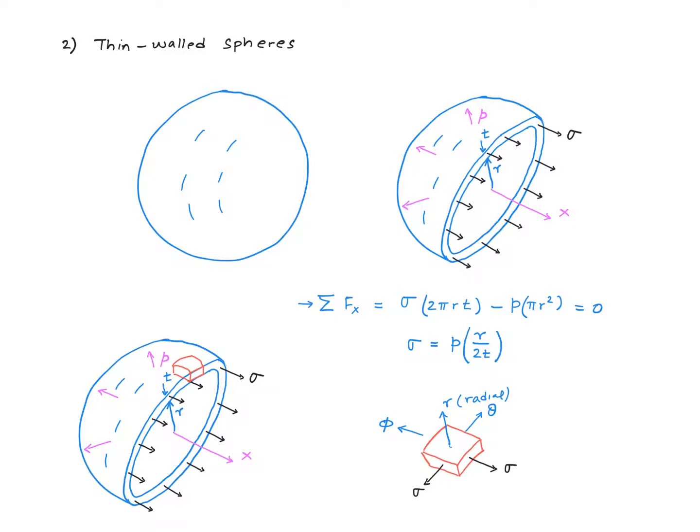In other words, this is a semi-spherical part of the sphere. Denoting the normal stress on the wall as sigma, here is my equilibrium equation written in the x direction, where the x direction is taken to be perpendicular to this plane right there. This leads to this expression for sigma: sigma equals P times R over 2t.